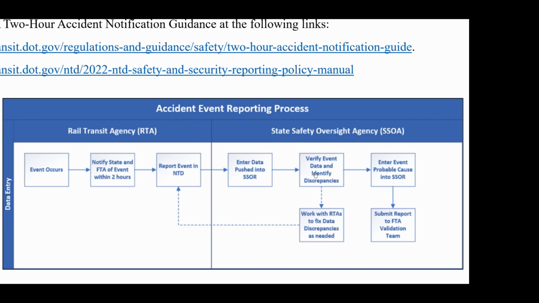Now, when arriving at the verify event data step for identifying discrepancies, if no other discrepancies are identified, the SSOA would progress forward to enter event probable cause into SSOR, and then we end here with submitting the report to the FTA validation team.